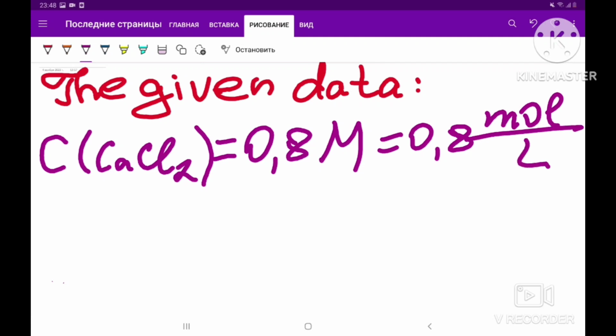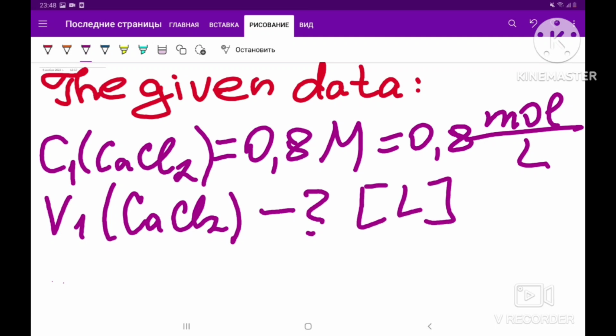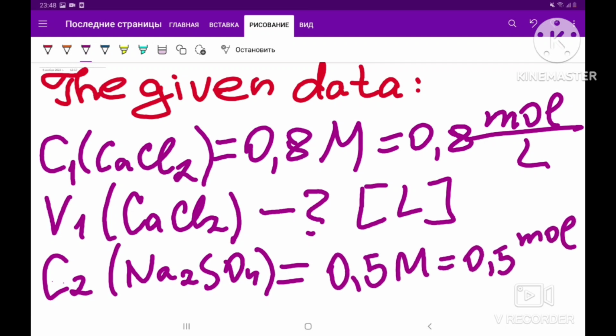Then, what we have to do? We have to calculate its volume. The volume is not given. The volume must be in liters. We must calculate it in liters. Now, what is given? The concentration of the other solution, sodium sulfate, C2, is 0.5 molarity, or as you know, 0.5 mole per liter.